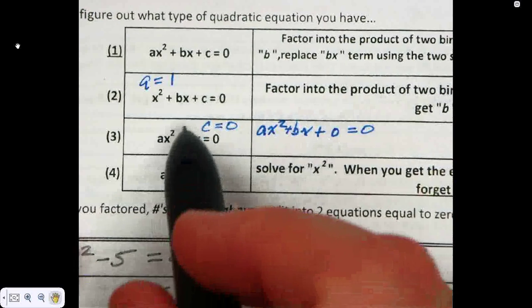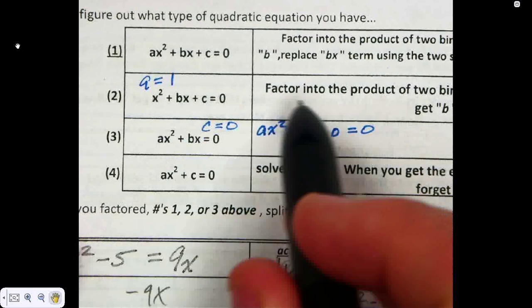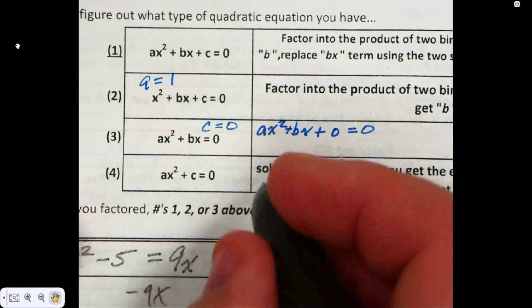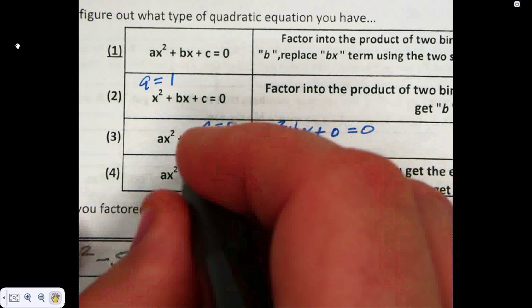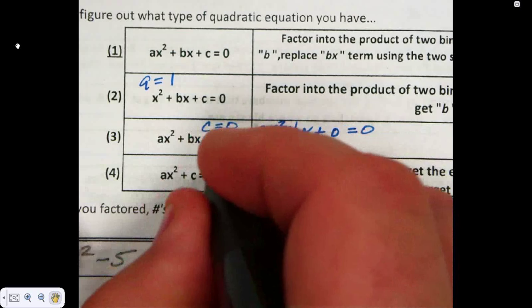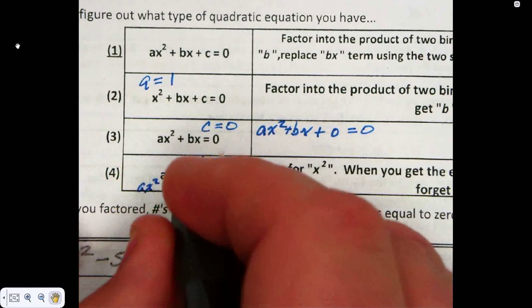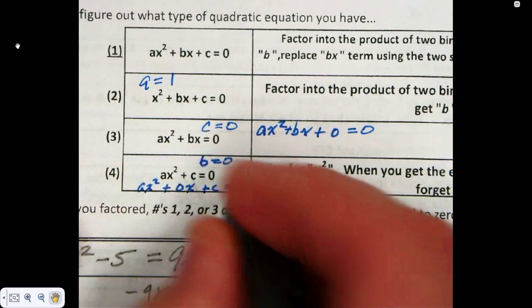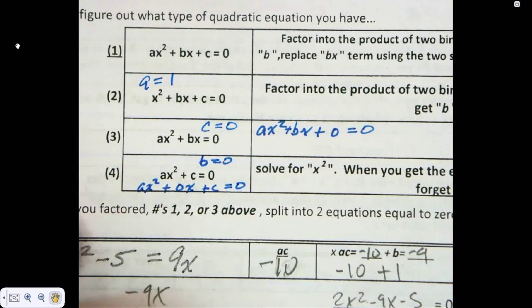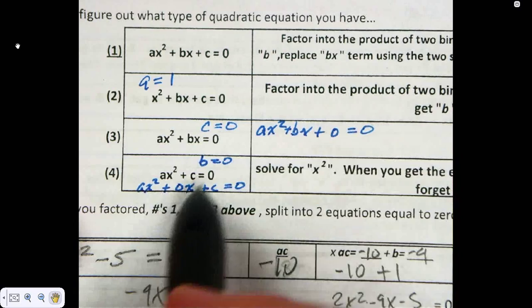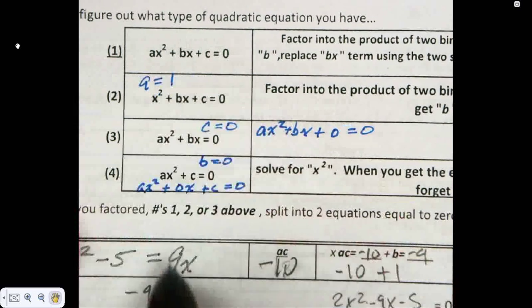This one here, what's missing? So basically, b could equal 0 here too. I could write it as ax squared plus 0x plus c is equal to 0. So for each of these, there's an a, b, and c, isn't there? Each of these, in essence, can be written in that form.